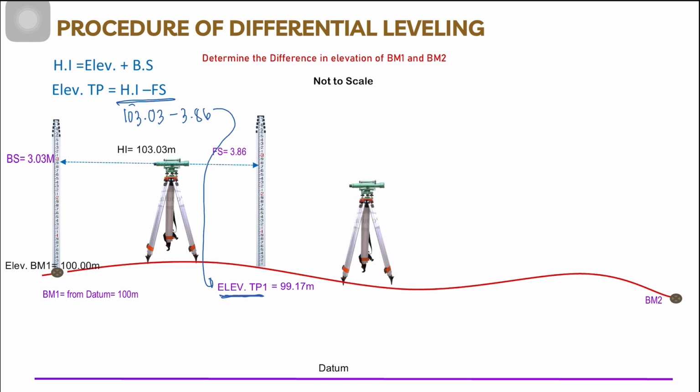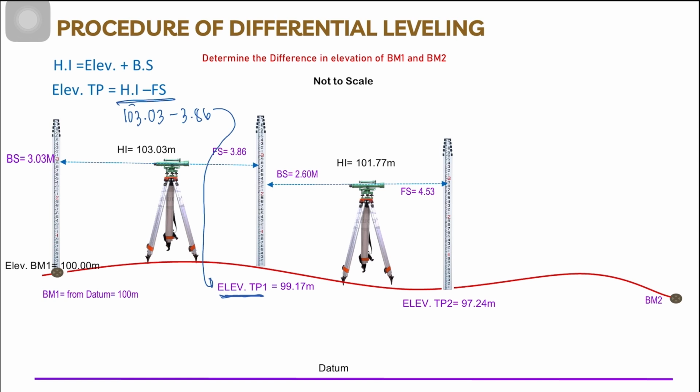Then again, you need to set up another instrument between turning point 1 and another turning point 2. So the backsight on turning point 1 reads as 2.60 meters. Then the foresight on turning point 2 reads as 4.53.